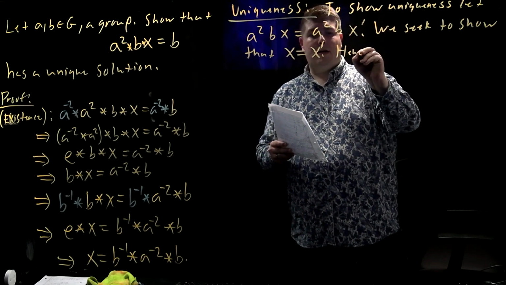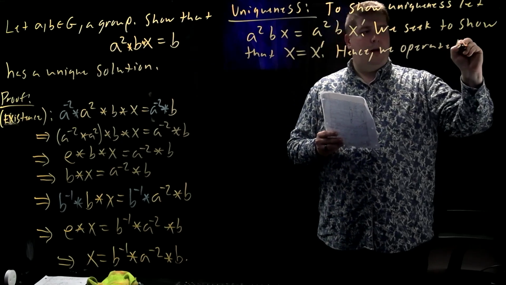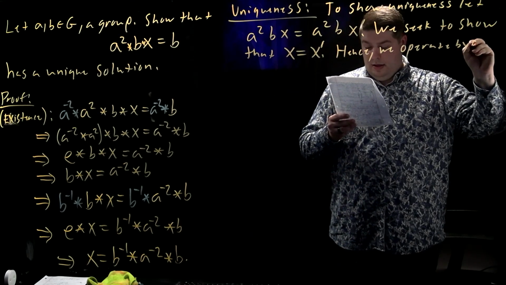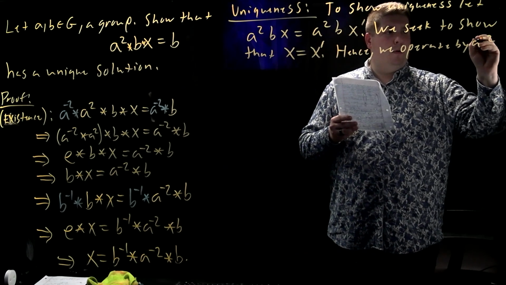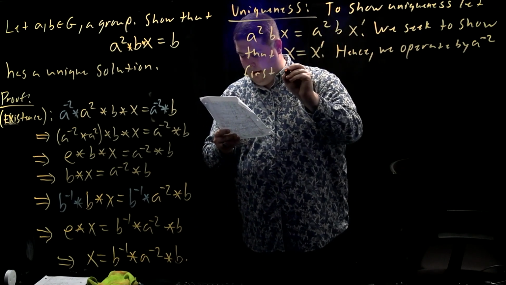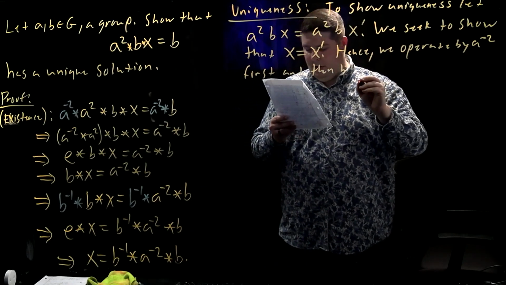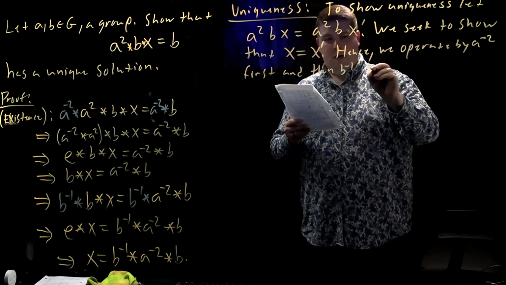Hence, we operate by a to the negative 2 first, and then by b inverse to show.